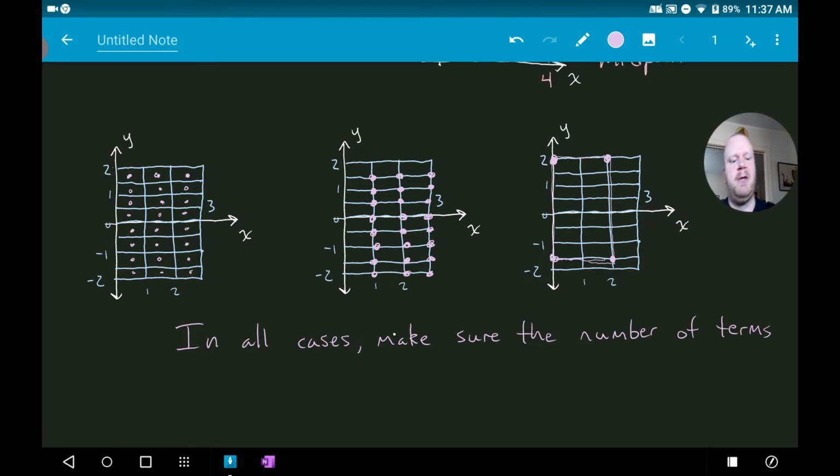In any case, make sure the number of terms is equal to m times n, and that is 24 in our case.